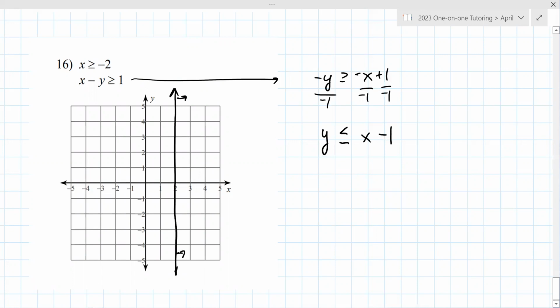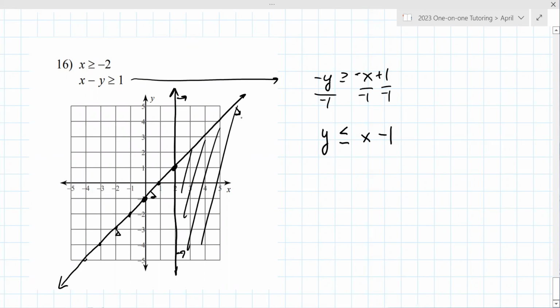So that's a slope of 1 starting at -1, and then you just go up. Now sometimes they want you to find the intersection point. I've not really been emphasizing that, but that is sometimes what they want. You're shading down on that one, right? And to the right on the other. And so this region here. Got it.